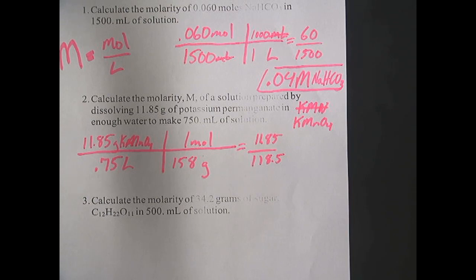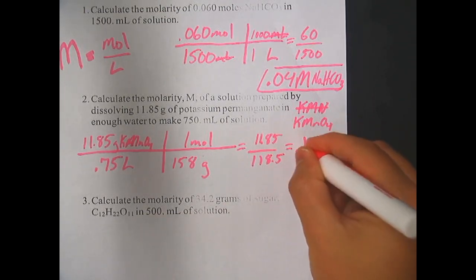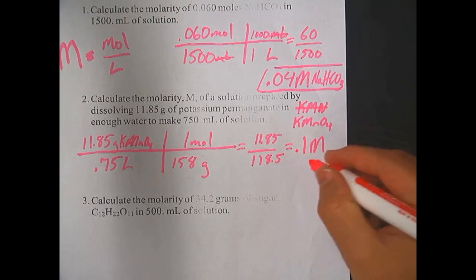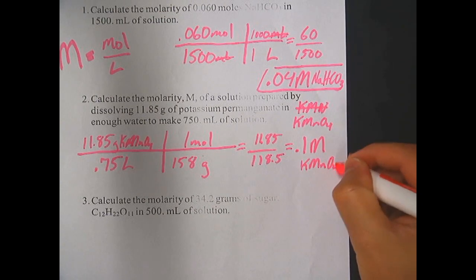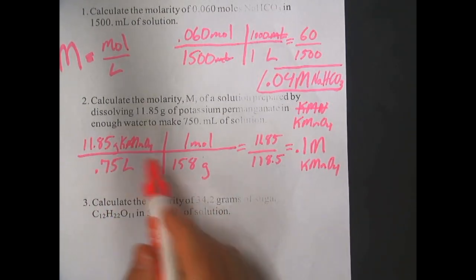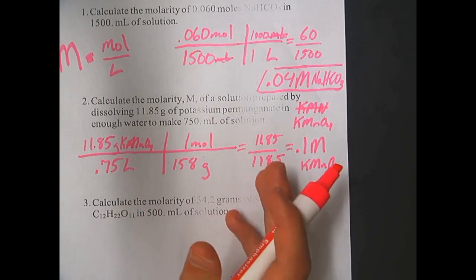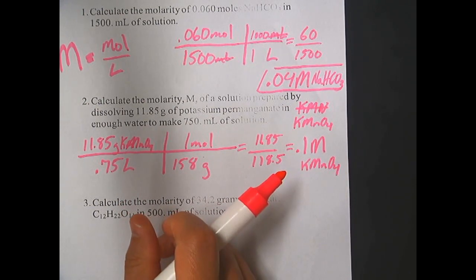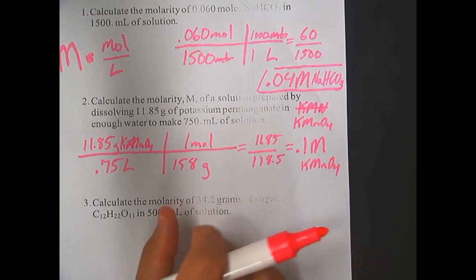So 11.85 divided by 118.5, and we get 0.1 molar KMnO4. So we take the grams, we convert it to moles. Moles divided by liters gives us 11.85 divided by 118.5 gives us 0.1 molar.